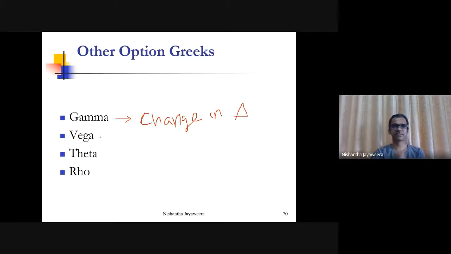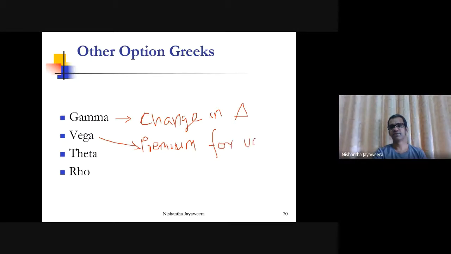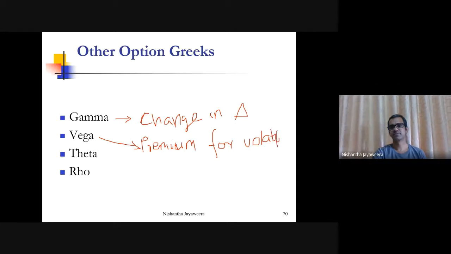Then the vega is the sensitivity of the premium for what? Volatility. V for V. So what happens if volatility increases?